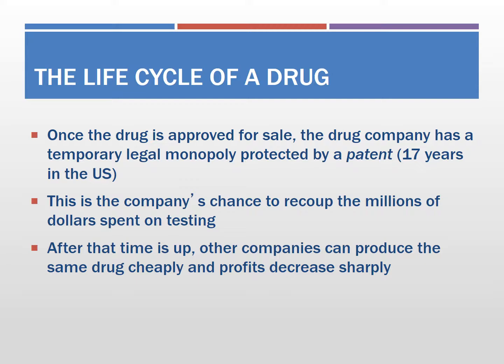No one can sell the same or similar drugs because of patent protection. Once the 17-year patent is up, another company like company B can come in and say, the patent has passed, so I would like to produce this drug exactly the same way as the original company.